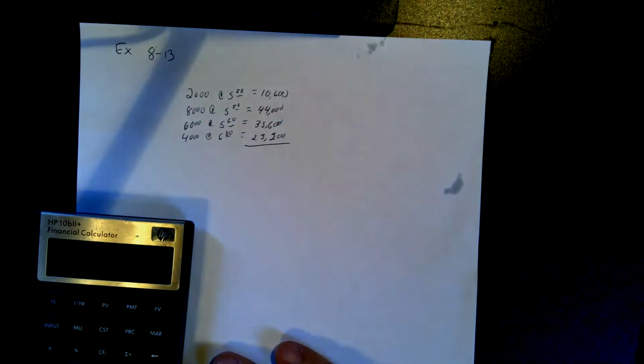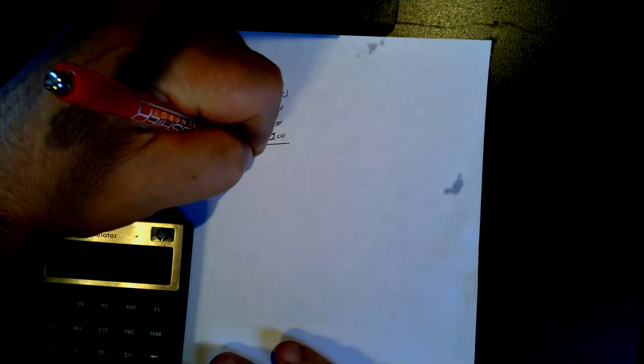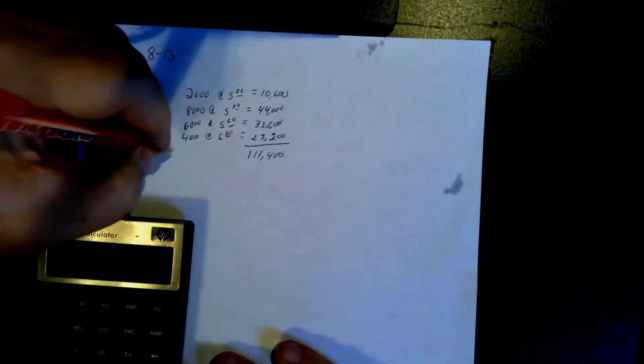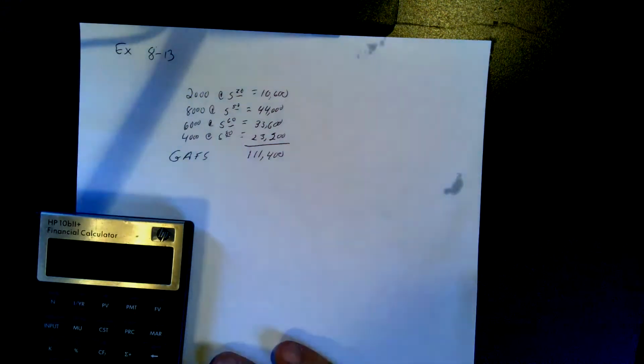All right, so if we add those up, we get 111,400, and this is our goods available for sale.